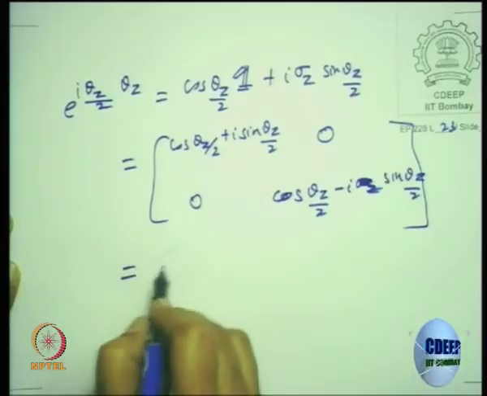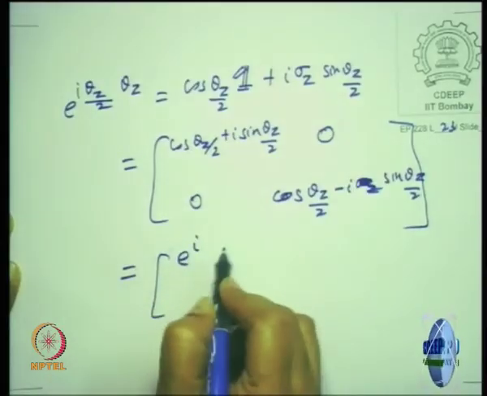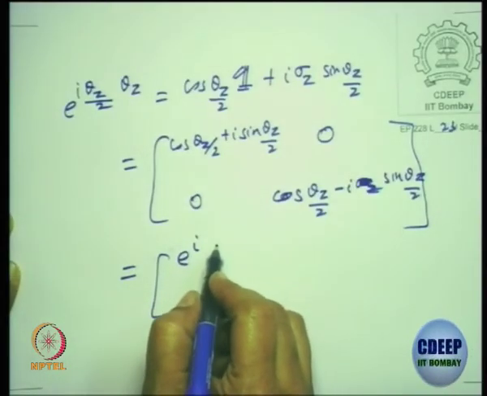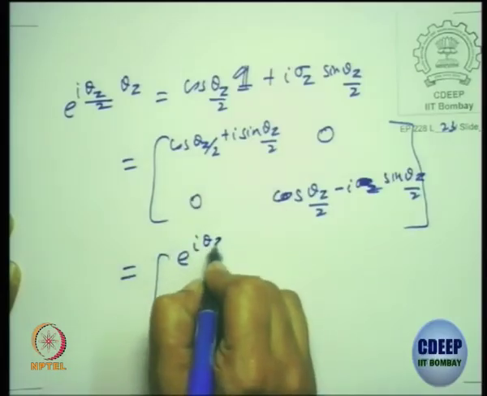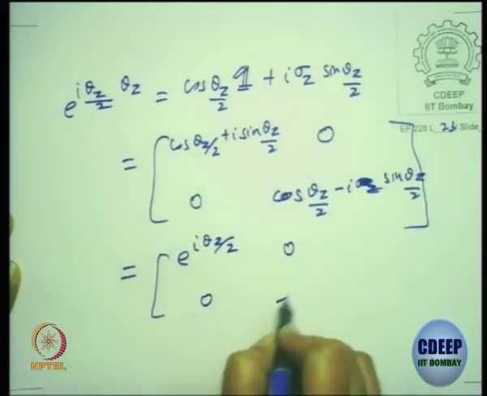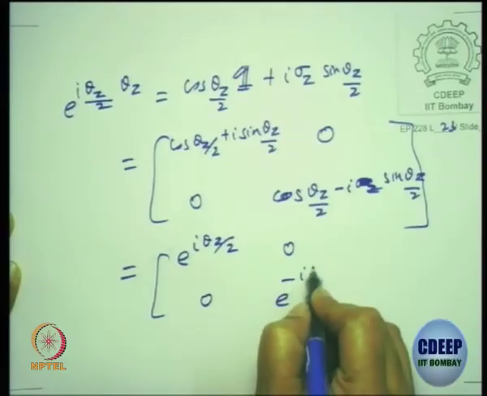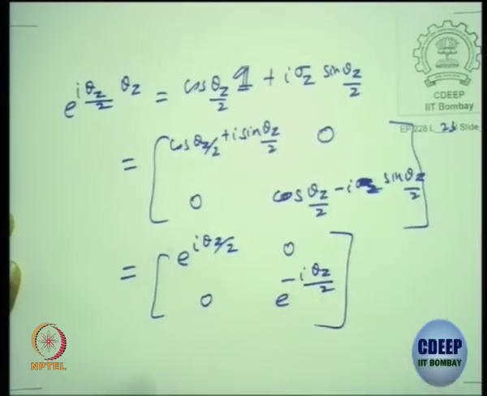So what will this matrix be? e to the i theta z by 2, 0, 0, and the conjugate. Fine? No? That's it. So, there is a lot of manipulation you can do with Pauli matrices, and the core thing is that these are unitary operators which perform your rotation in the internal space, and they are 2 by 2 matrices.